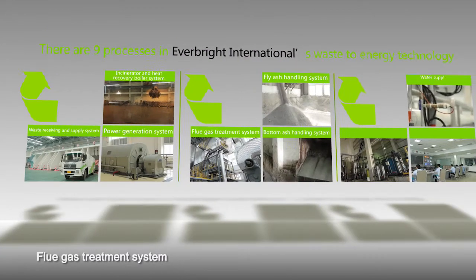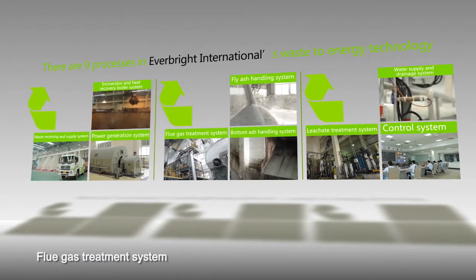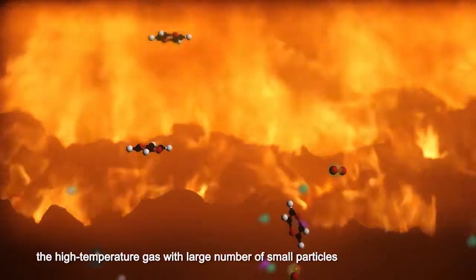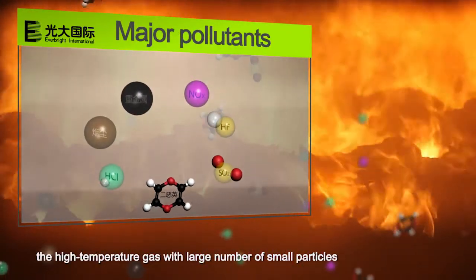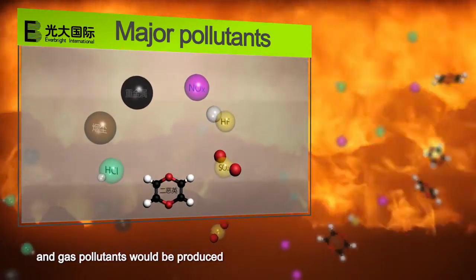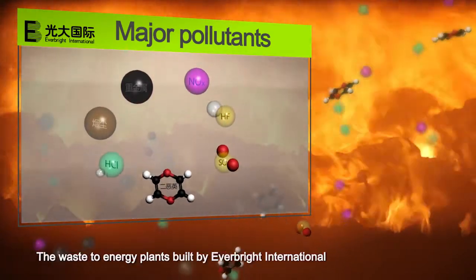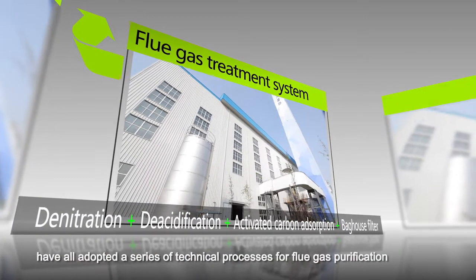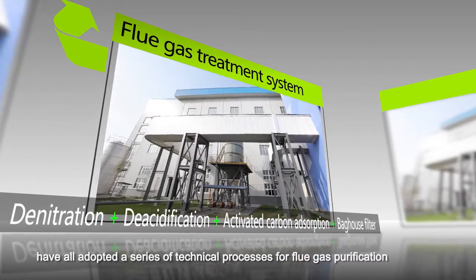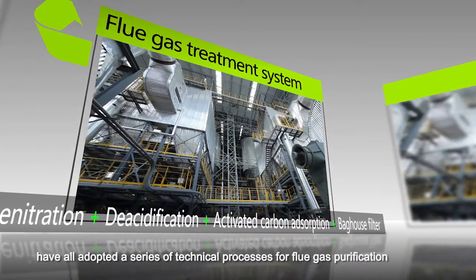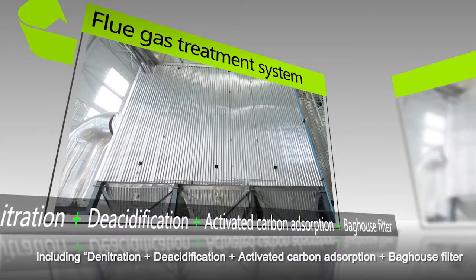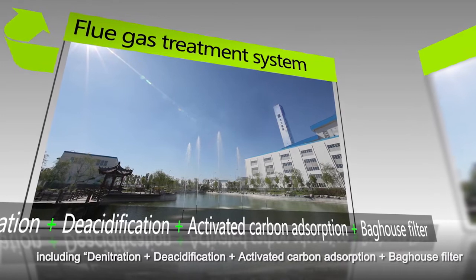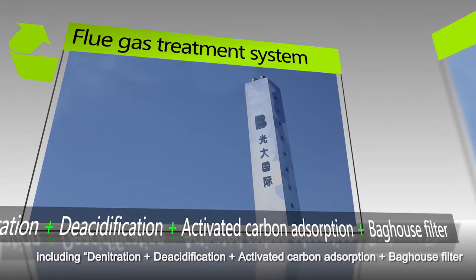4. Flue gas treatment system. In the incineration process, high-temperature gas with a large number of small particles and gas pollutants would be produced. The waste-to-energy plants built by Everbright International have all adopted a series of technical processes for flue gas purification, including denitration plus deacidification plus activated carbon absorption plus baghouse filter.